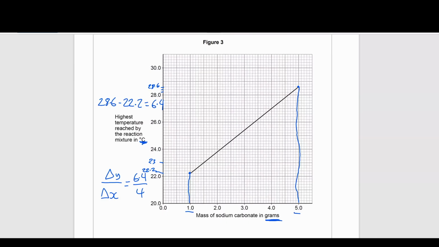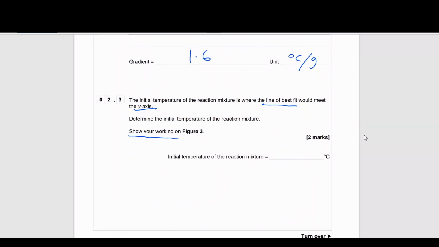We already know that at 1 gram of sodium carbonate, our temperature is 22.2. So what we just need to do then is 22.2 minus 1.6, and we will get our initial temperature.